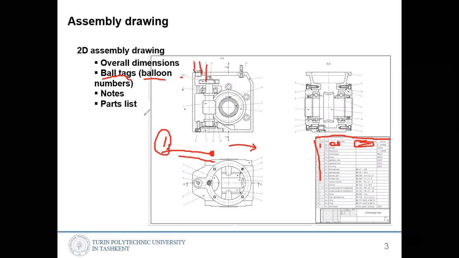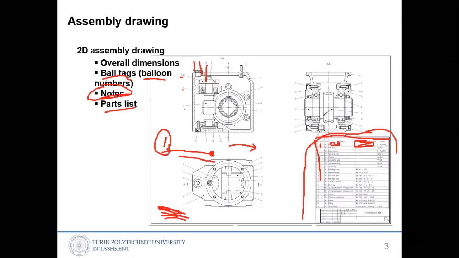Also the assembly drawing might have notes in empty places, such as the assembling requirements and some extra information. And the part list is here. In some cases, the part list might be included in the assembly drawing, or it might be on a different page.